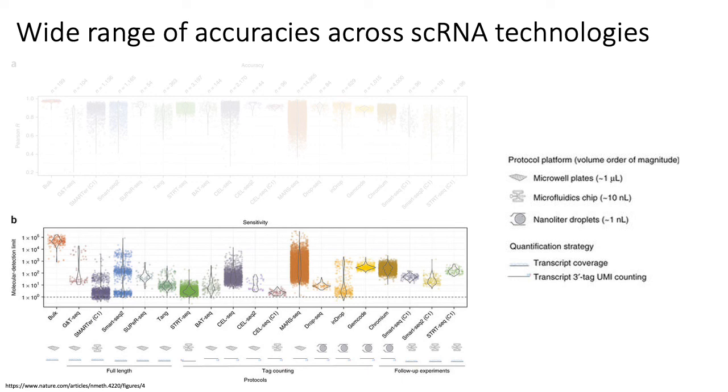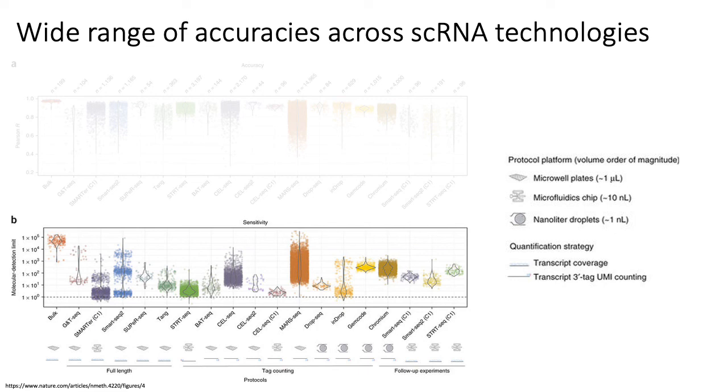Higher sensitivity, or essentially a lower detection limit, means that you can detect very weakly expressed genes. You can see here that bulk RNA sequencing actually has relatively poor sensitivity, or correspondingly a high molecular detection limit.